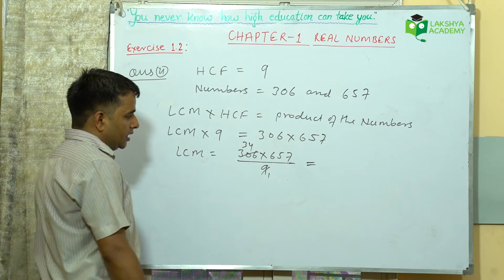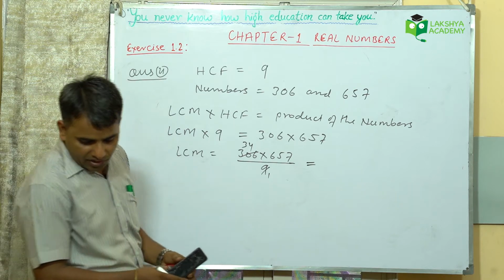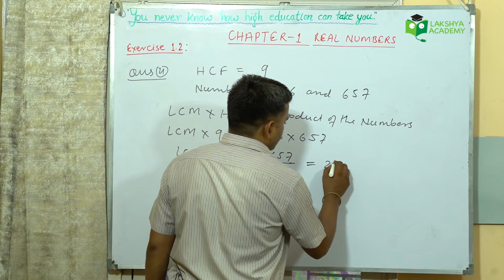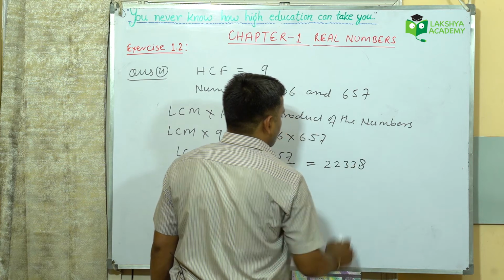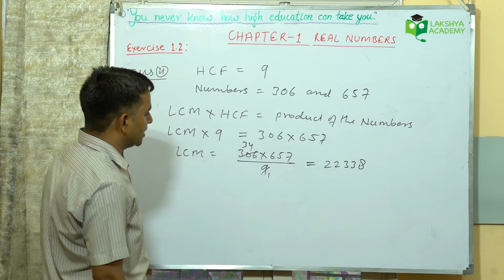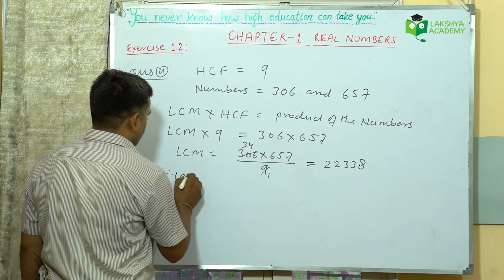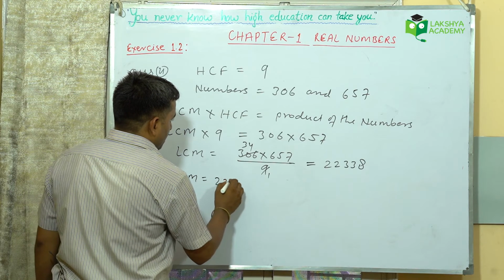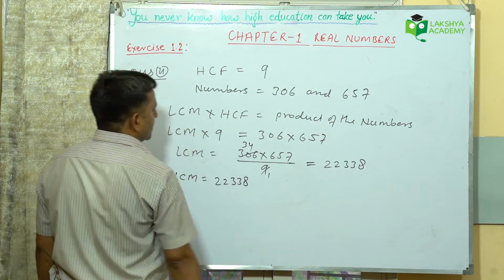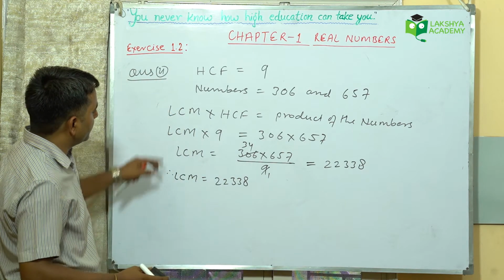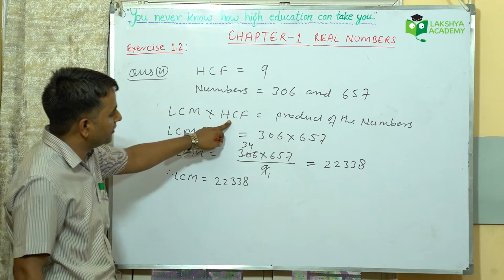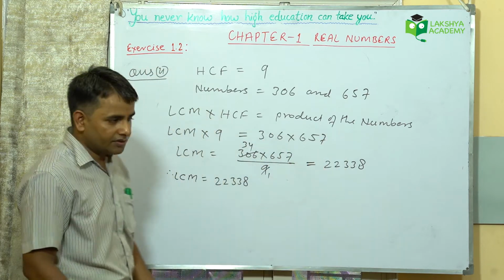So we get 22,338. So LCM would be 22,338. Therefore LCM is 22,338. So this way we can find out the LCM or HCF or any of the numbers given.